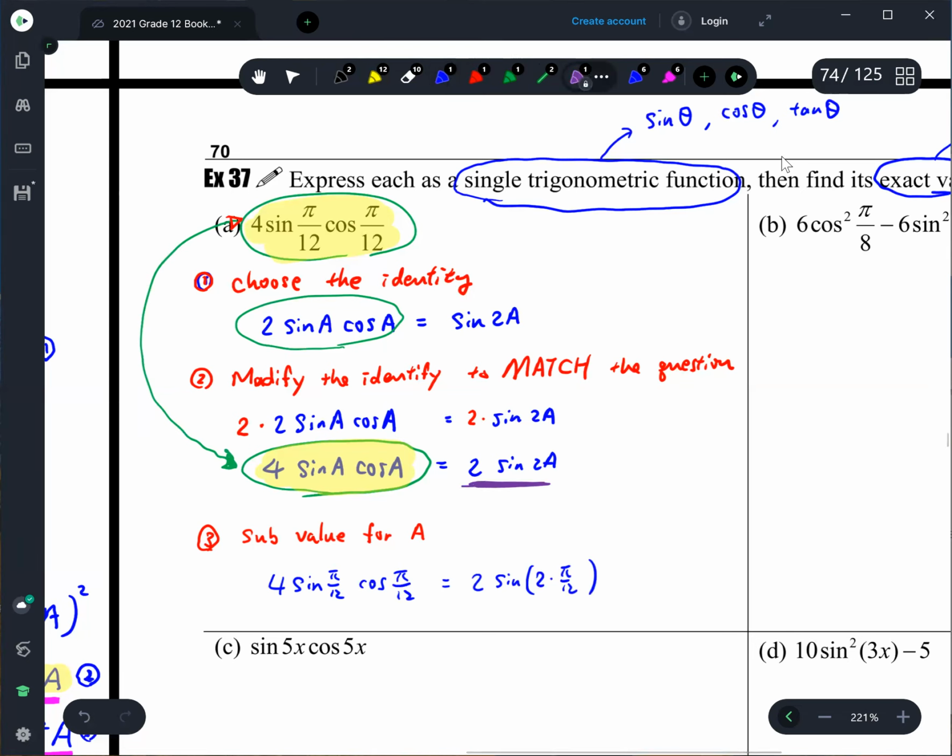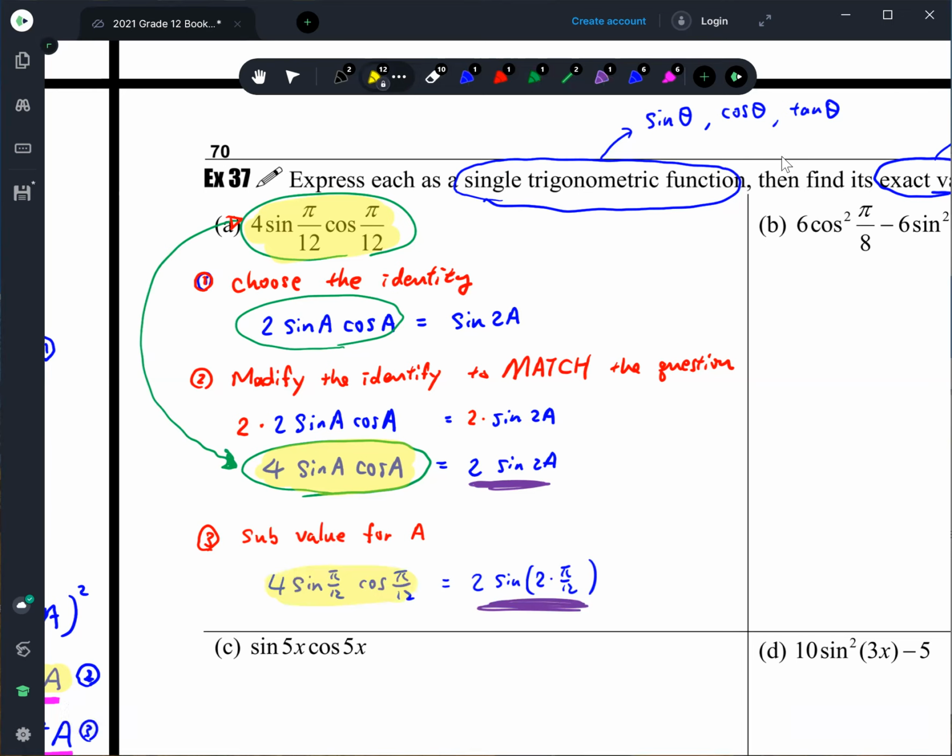This part is this part. Got it? The yellow part is the yellow part, all the yellow matches, and the purple underline matches. So the left side is the question. Because of the double identity, it becomes a single one.